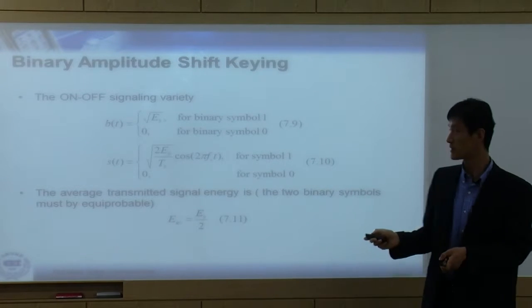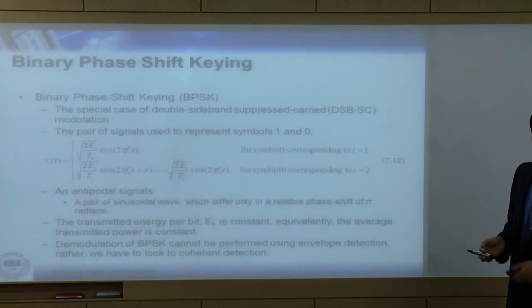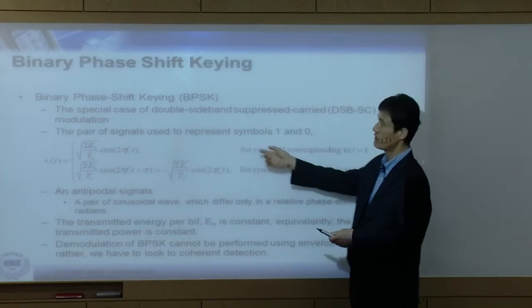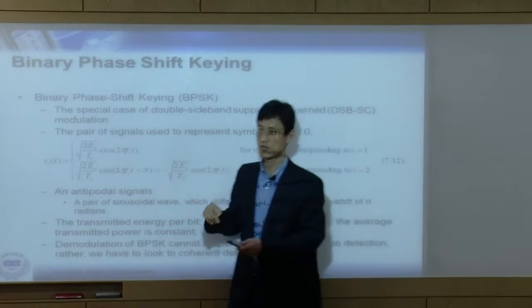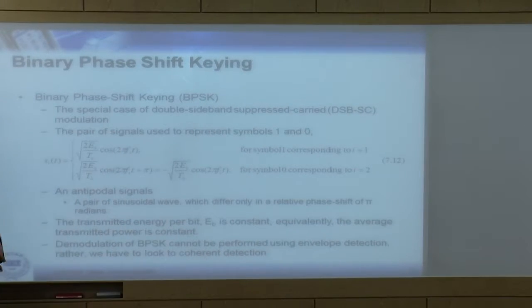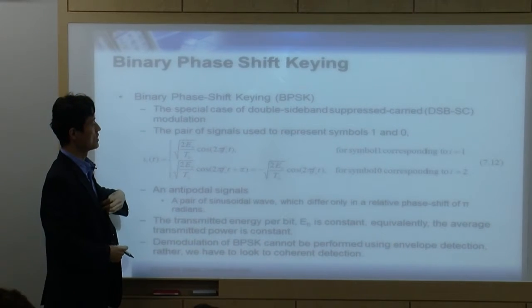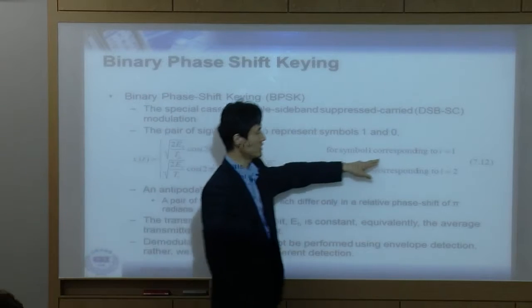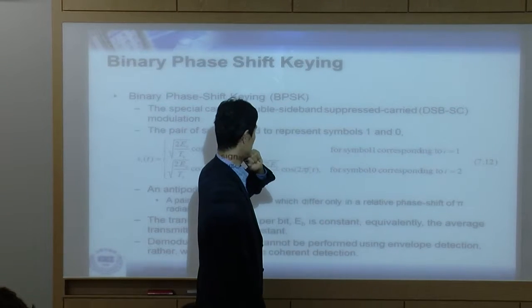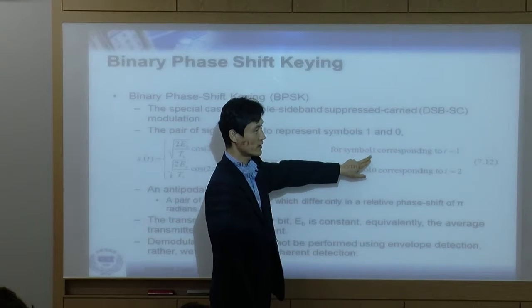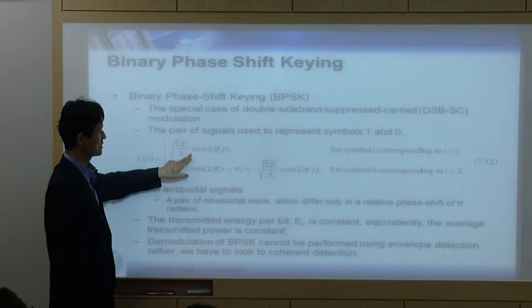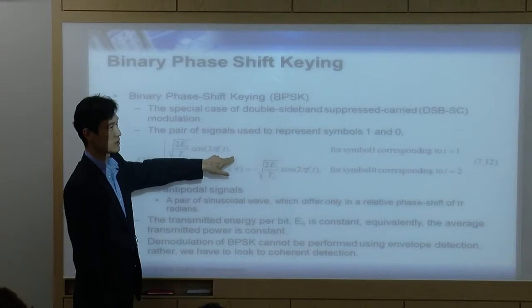That's the BASK. However, BPSK has the information on the phase, right? Because this is a PSK, meaning that the phase is changed depending on the information. So if your original information is 1, let's say this is symbol 1, that means you are transmitting cosine with the phase 0.